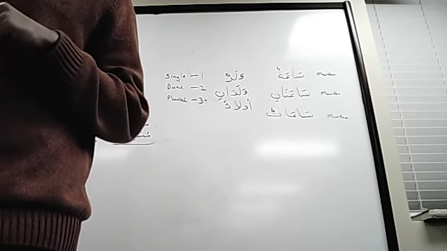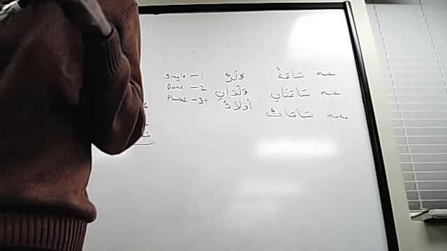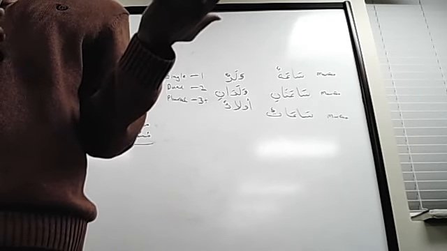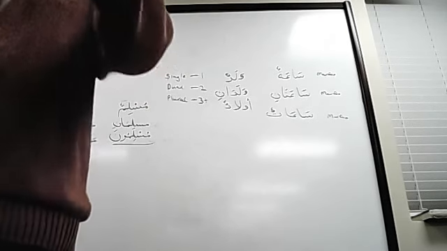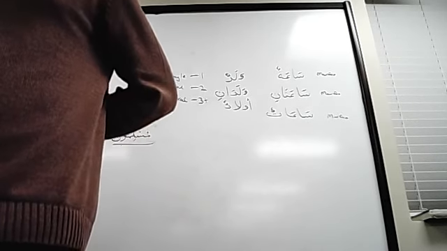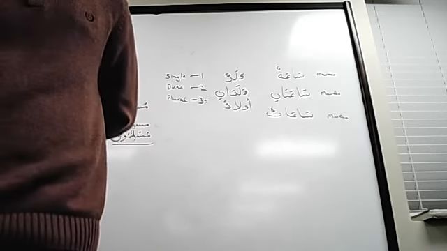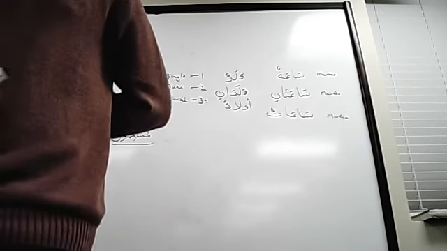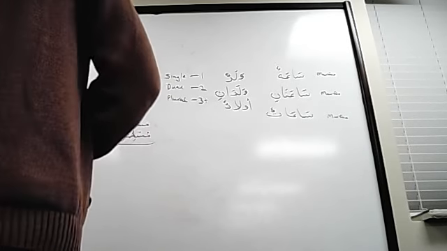So we read point one, right? Or we didn't finish all of it. We said if I'm talking about two of these things, instead of hada, I'm going to say hadani. It's written under there: the dual of hada is hadani, and the dual of hadihi is hatani.